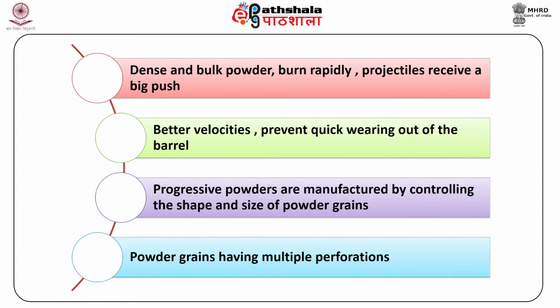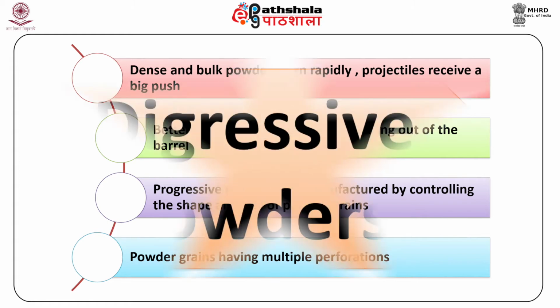Progressive powders are manufactured to suit the needs of a particular weapon by controlling the shape and size of powder grains. For example, powder grains having multiple perforations.